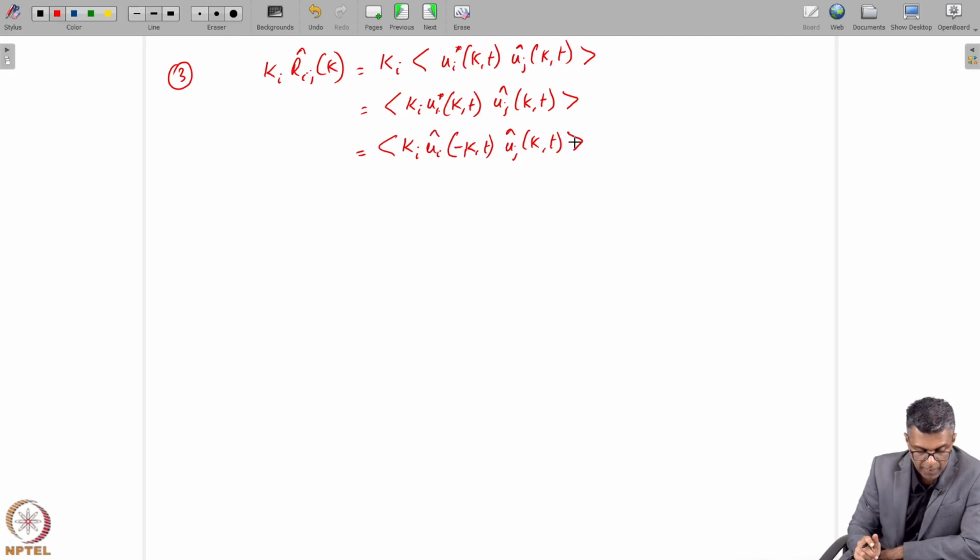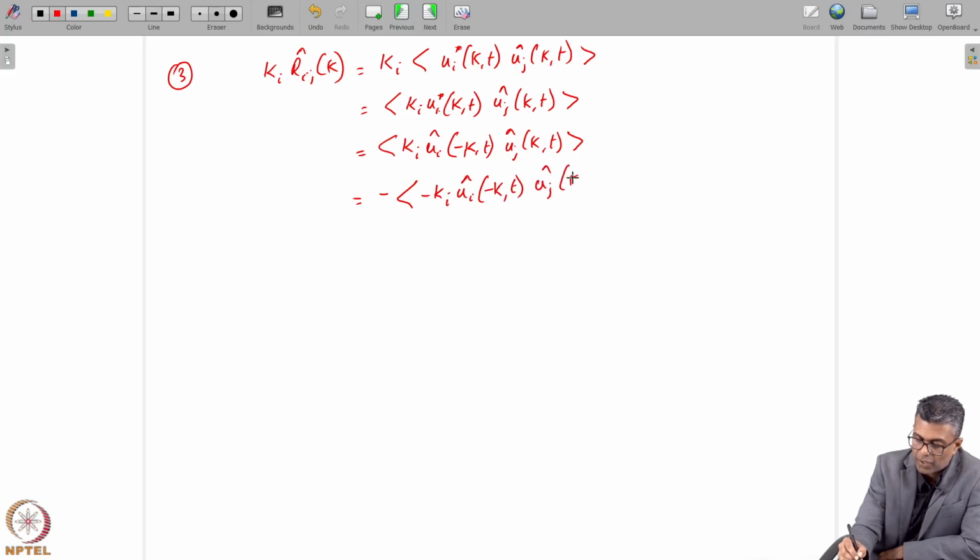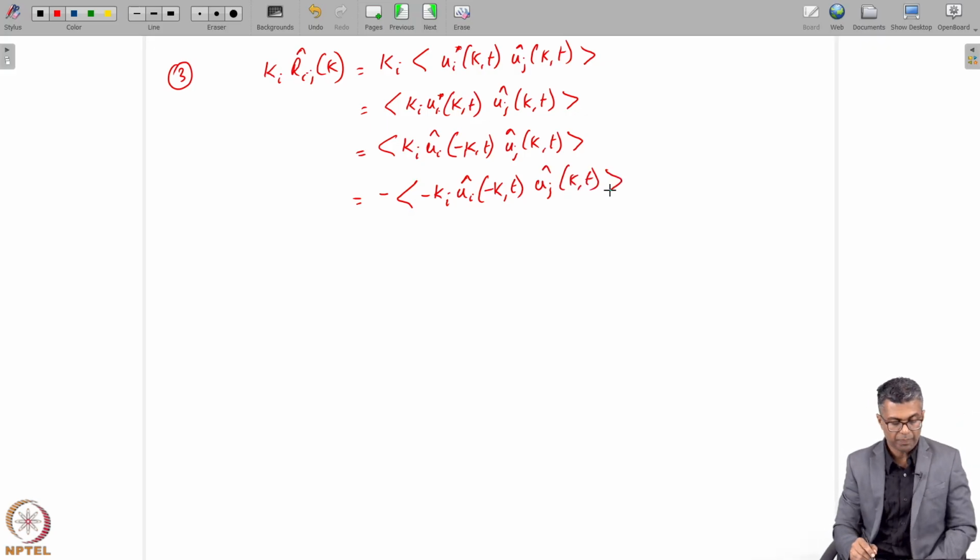Okay, now here is what I do. I put a minus outside and take another additional minus into it. So I'll have minus kappa i Ui hat of minus kappa comma t, Uj hat of kappa comma t. Okay, look at what I have done. I have taken minus kappa i Ui.